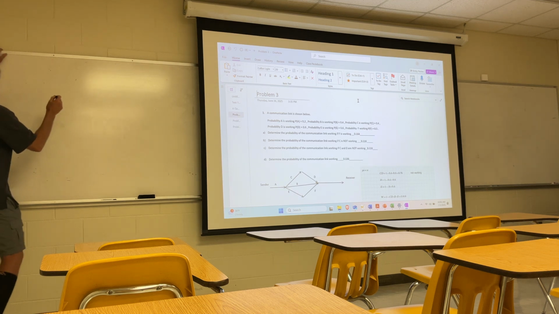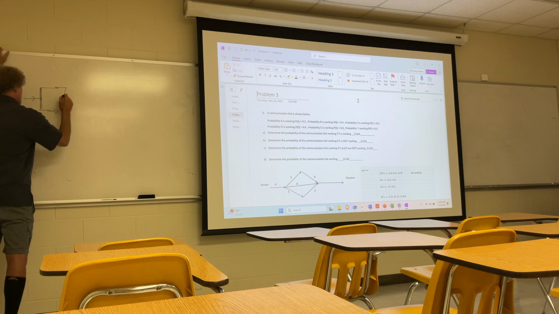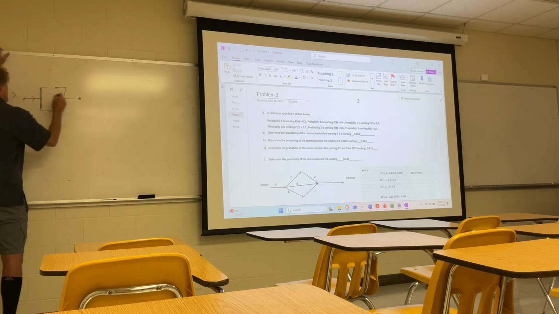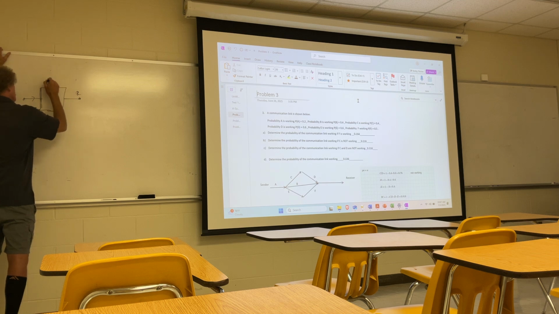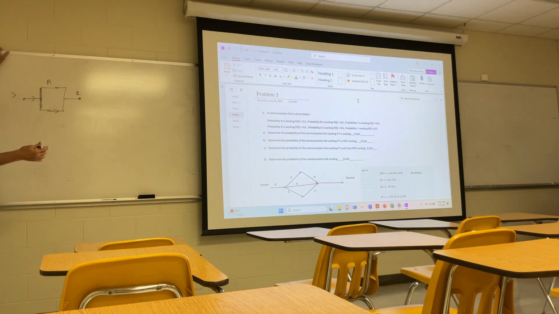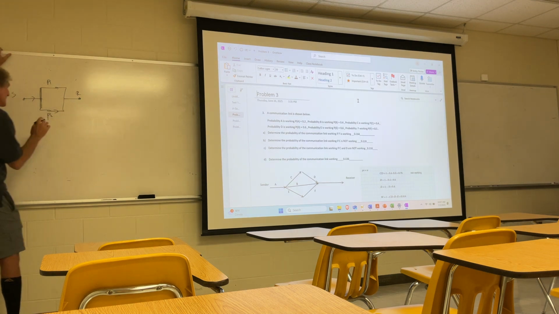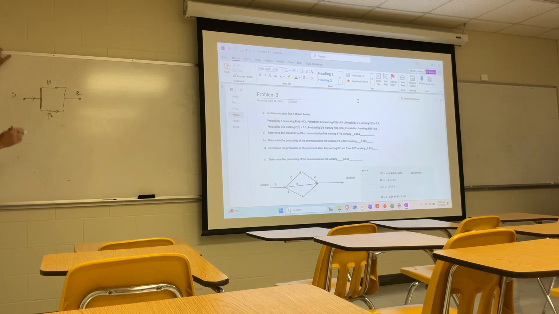Now I need to talk about this, because I haven't looked at all the papers, but I think there was a problem. Anytime you have parallel connections like so, where this is a sender and this is a receiver, I'll call this P1, the probability that it's operating correctly, and this would be P2, the probability of it operating correctly.